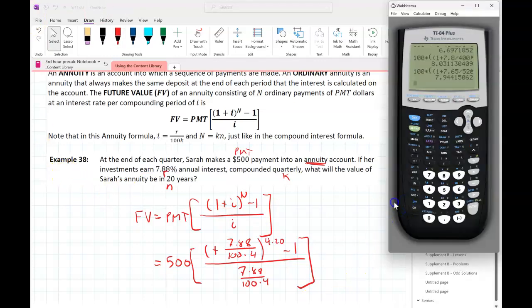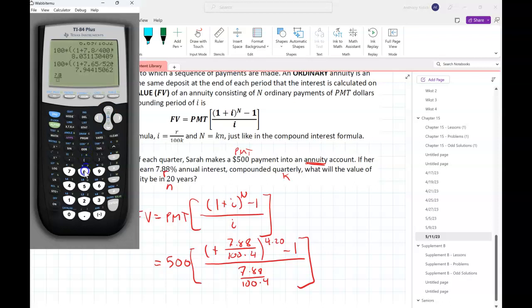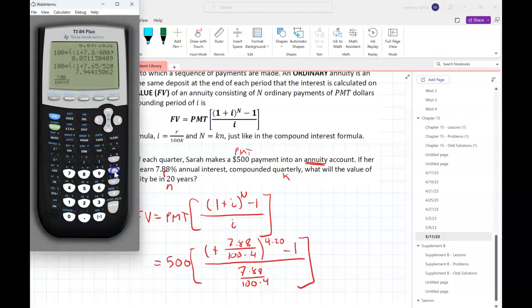That's kind of a mess to type into my calculator. I think the easiest way to do this is I'm going to do 7.88 over 100 times 4, and I'm going to store that as a letter. I'm going to store it as capital I.